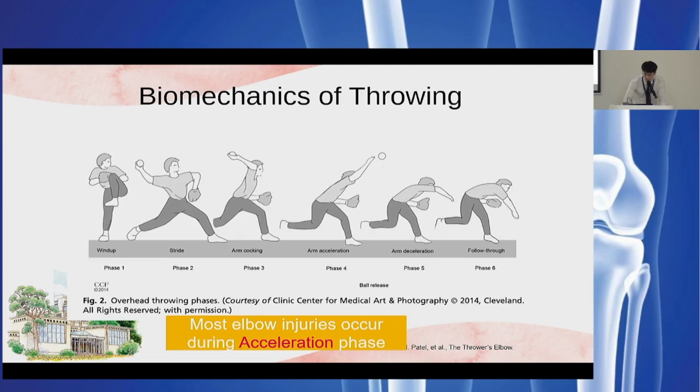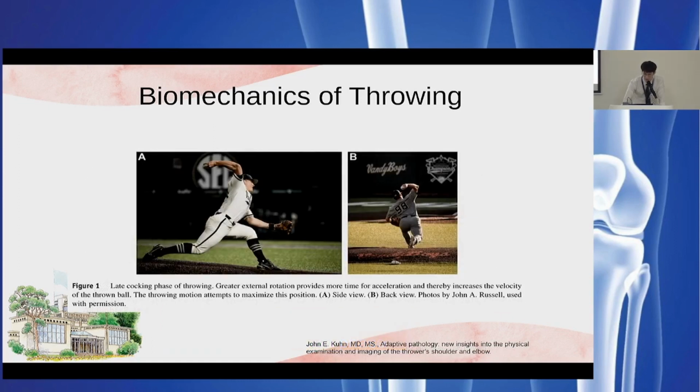The elbow is rapidly extended as the humerus adducts and internally rotates during coordinated forward movement of the upper extremity and trunk. This stage terminates with ball release over 40 to 50 milliseconds, during which the elbow accelerates as much as 600,000 degrees per second.